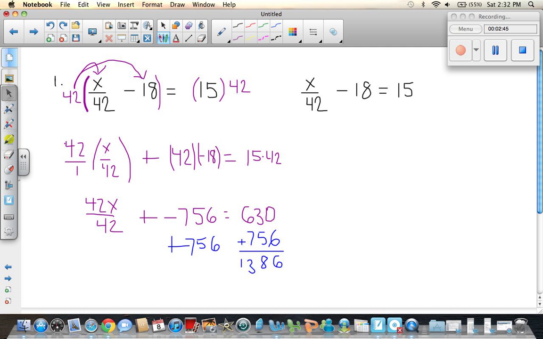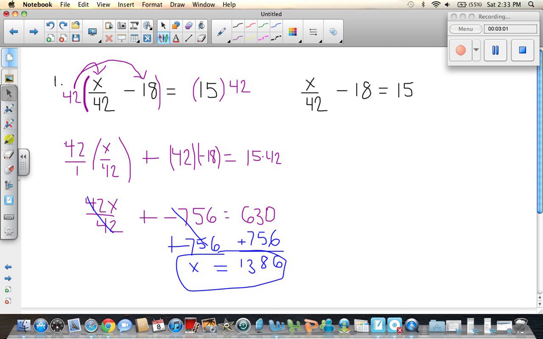And then on the left side we're left with just x because these cancel, this equals 1, so we have 1x. And these cancel because negative 756 plus 756 equals 0. So x is equal to 1,386. That's one way you can do this.